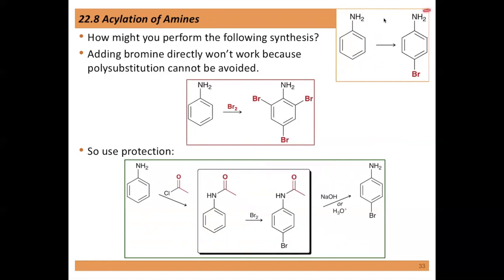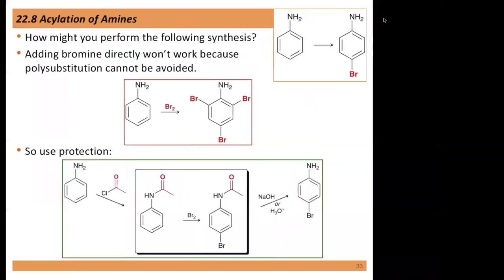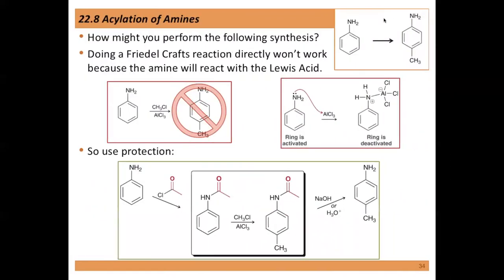But again, I still want this aniline here, and I've got this pesky acyl group. So to get rid of that acyl group, I can hydrolyze either under basic conditions or under acidic conditions. Again, just the hydrolysis of amides is chemistry talked about in the carboxylic acid chapter. So nothing really new there.